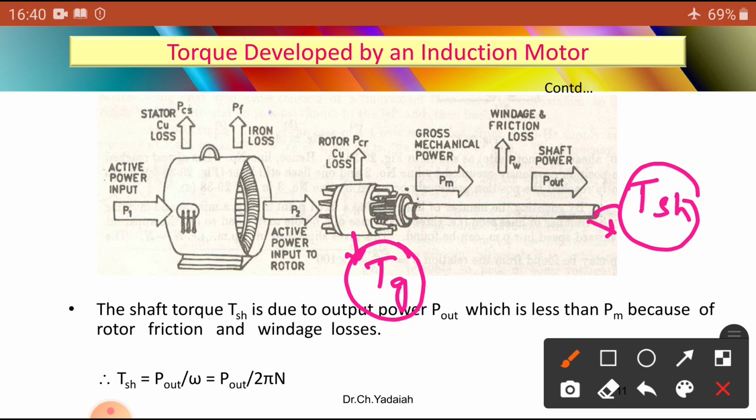For example, take one example. Suppose you want to take a bullet or a two-wheeler from the showroom. Initially there is a cost, for example the showroom cost may be 90k. So 90k is the showroom cost, that is the TG.